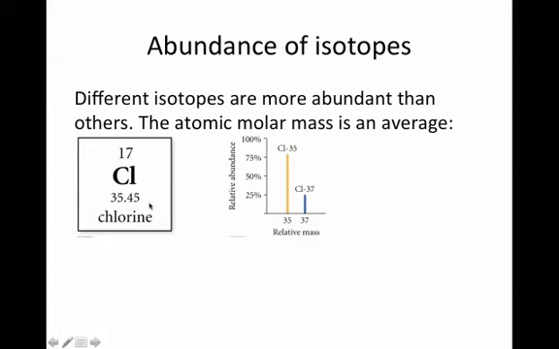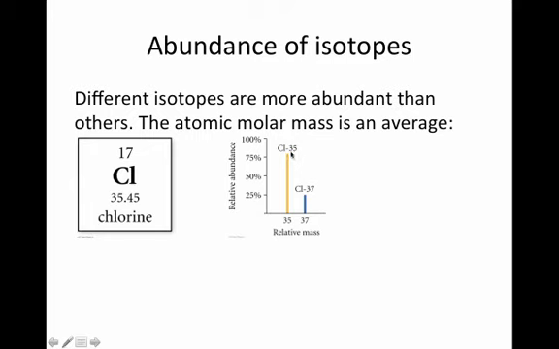Where does this average come from? We need to know what isotopes exist for the given atom. It's going to be different for every atom. Sometimes there'll be just one isotope, sometimes two, sometimes four, sometimes seven. For chlorine, there are two isotopes, chlorine 35 and chlorine 37. Those again are the total of the number of protons and the number of neutrons, so we could figure it out.